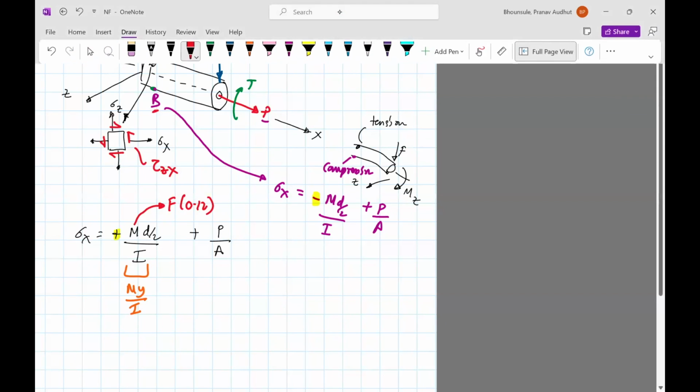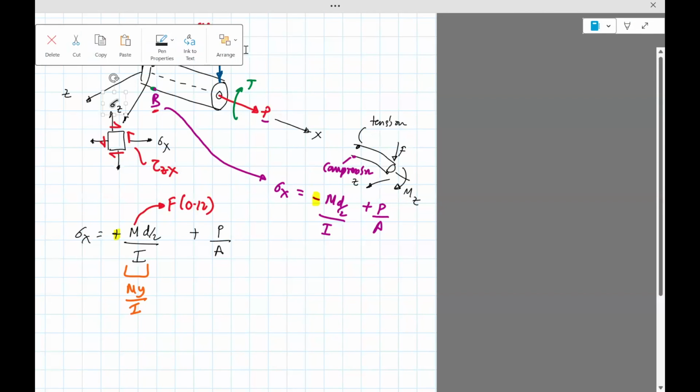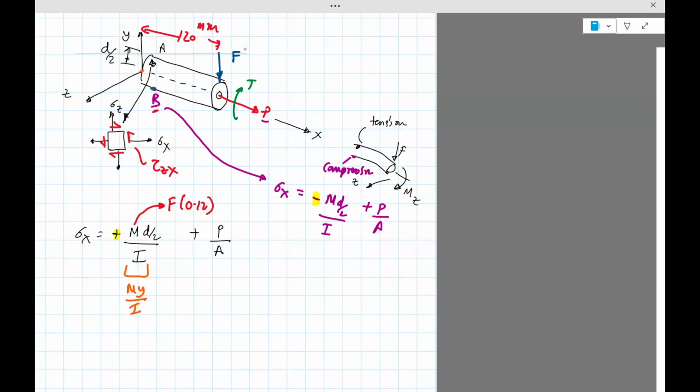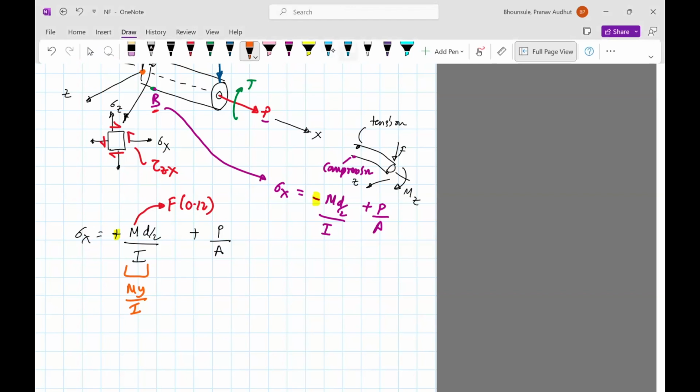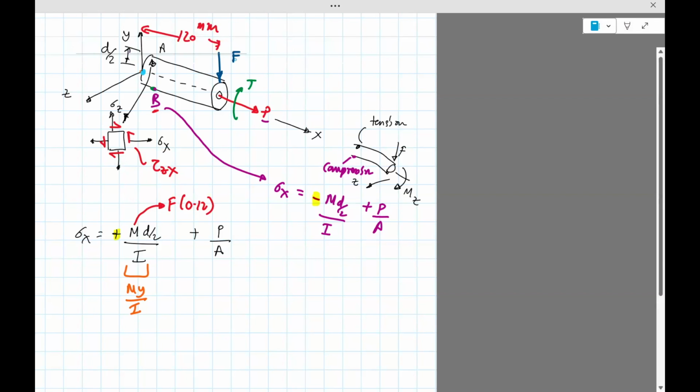What about a point here? What about this point? Let's take this point. What is the stress here? Due to, let's say, due to P, it's P divided by A. What about the stress due to M or F, sorry?